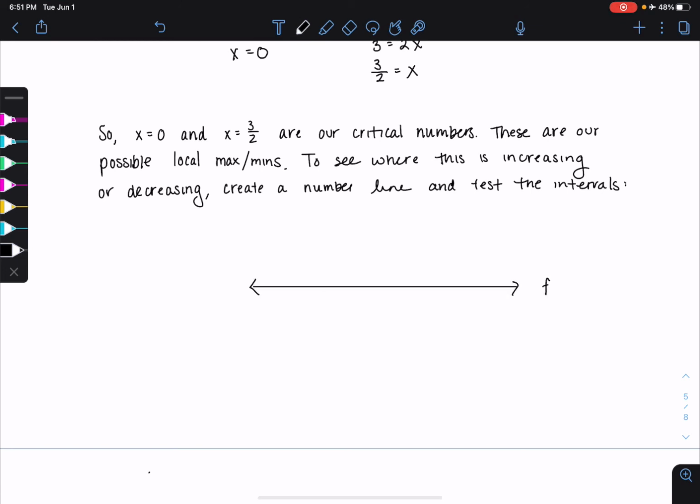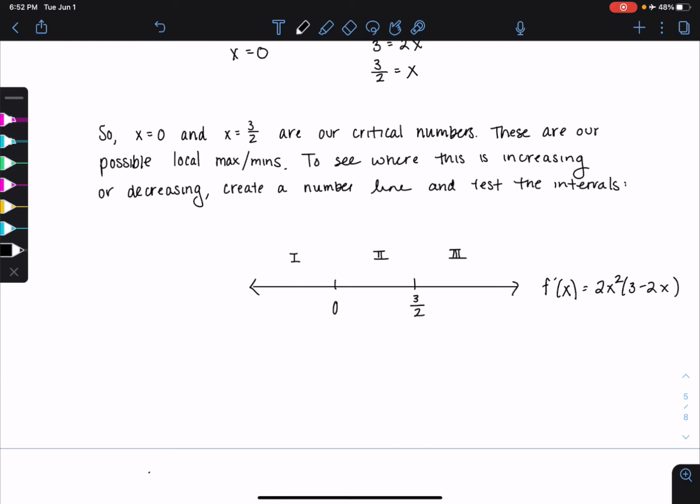And we're testing where the derivative, which remember is 2x squared times 3 minus 2x, is positive or negative. And we have 2 key points, 0 and 3/2. So again, this splits my number line into 3 separate intervals.